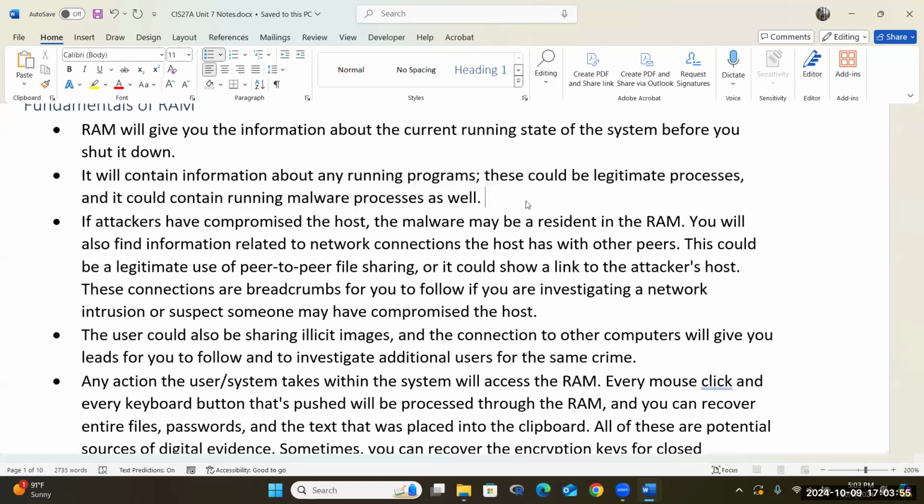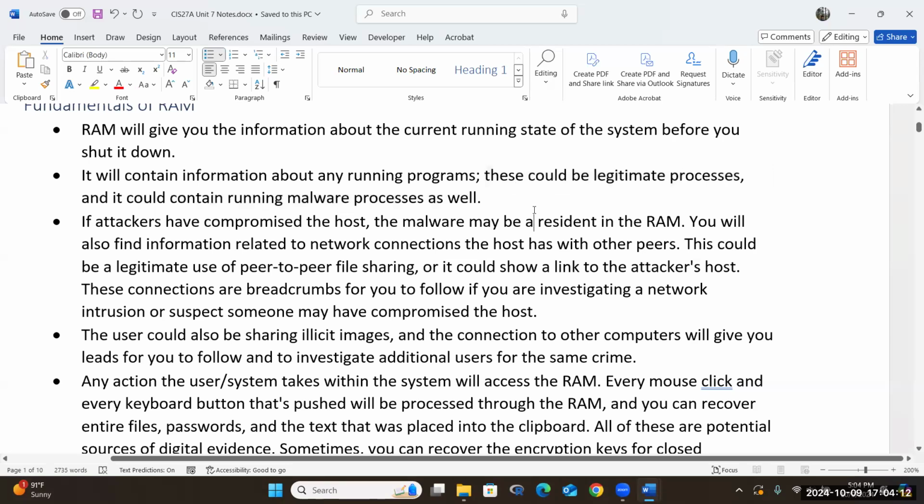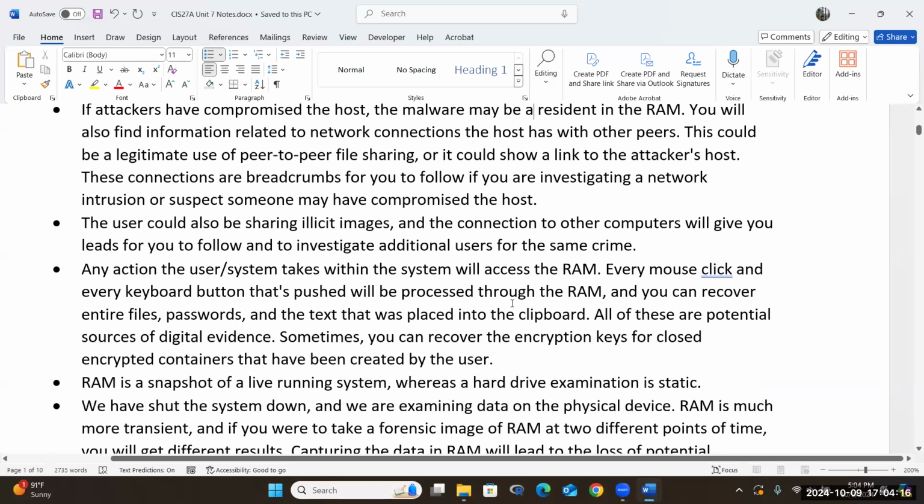This is volatile. We need power in order to store in RAM. If you don't have power, RAM will not be able to store anything. And sometimes information stays in RAM, and sometimes information gets rewritten in RAM, just like any other storage.